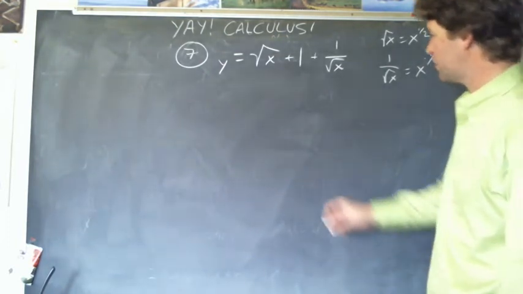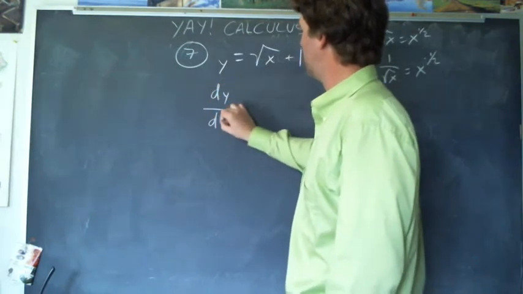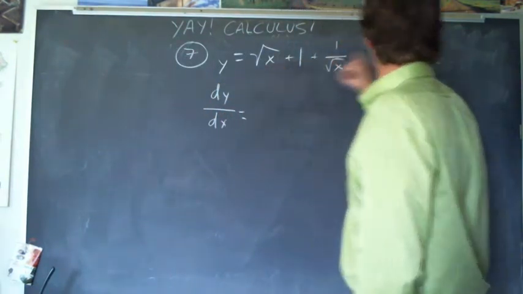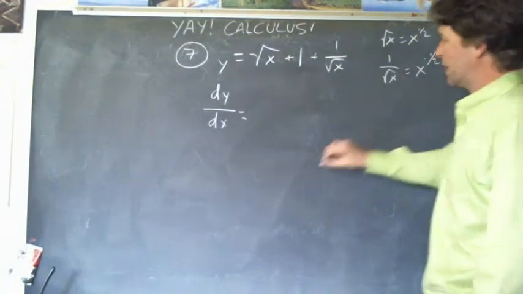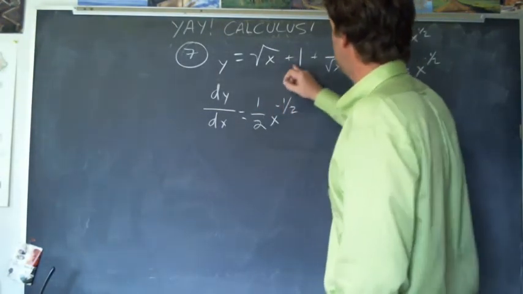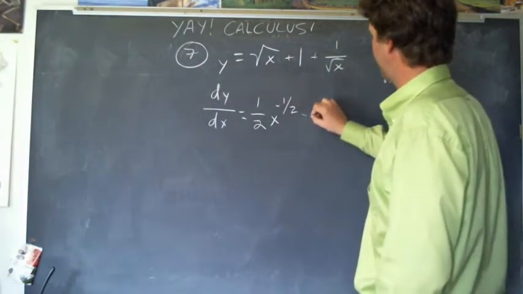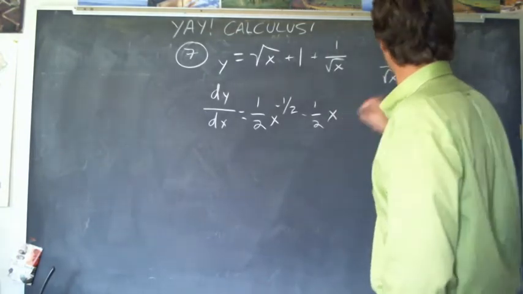So in taking the derivative of each, the derivative of y with respect to x, let's see, it says 1/2 x to the negative 1/2, 0, negative 1/2 x to the negative 3/2.